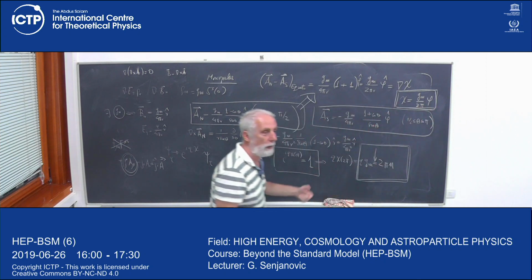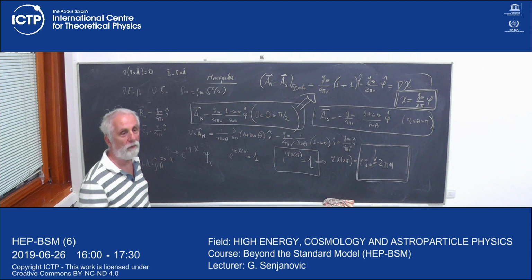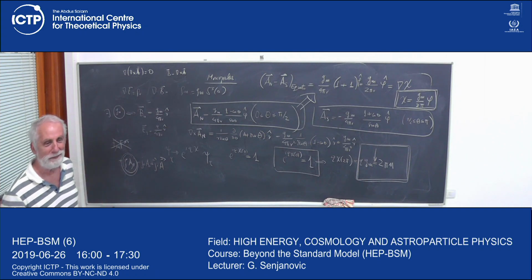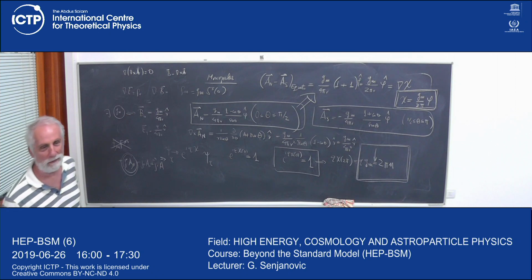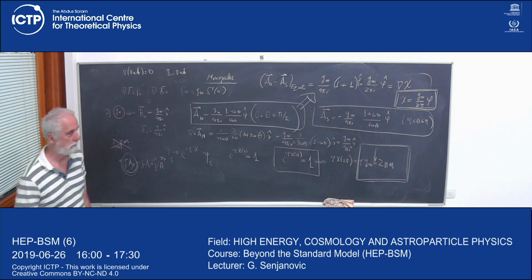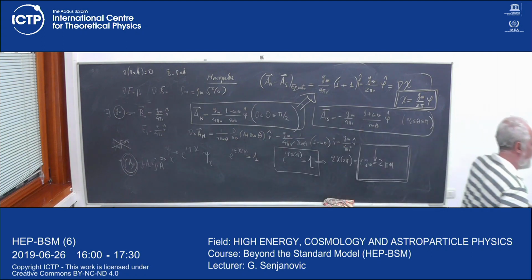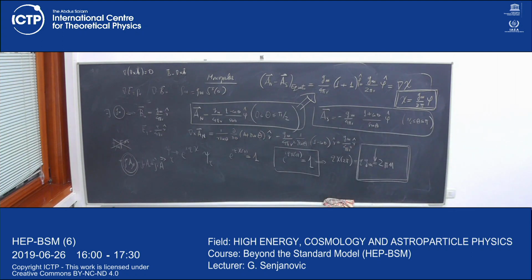Now you can tell me, give me the quantum field theory of that, but that I don't want to do. That would be a course in itself. People stop worrying about the point monopole. I will go to something else.